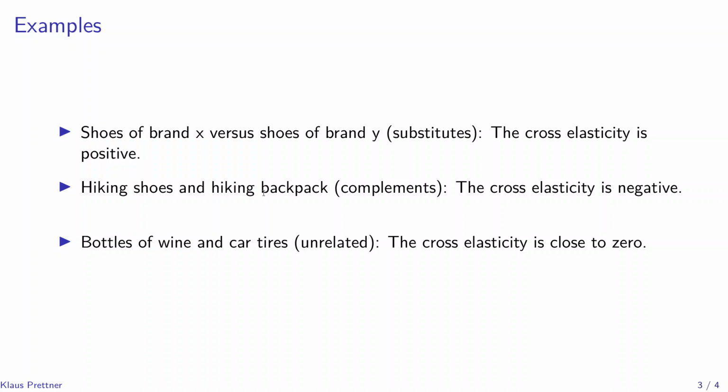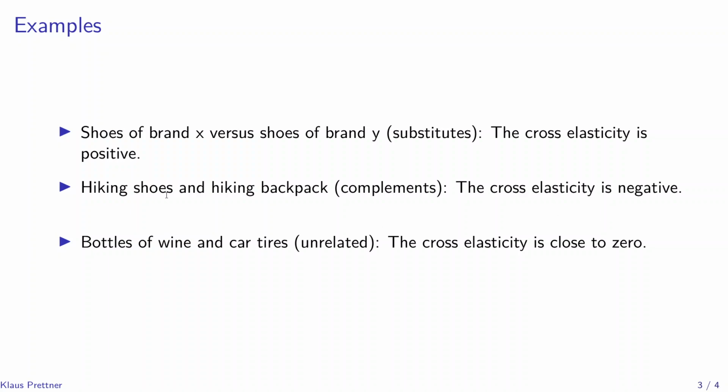By contrast, if you have two complements, say hiking shoes and a backpack, then the cross elasticity would be negative. So if hiking shoes become very expensive, then perhaps people would not want to go hiking that much anymore, and therefore they also need fewer backpacks. So therefore the cross elasticity would be negative.